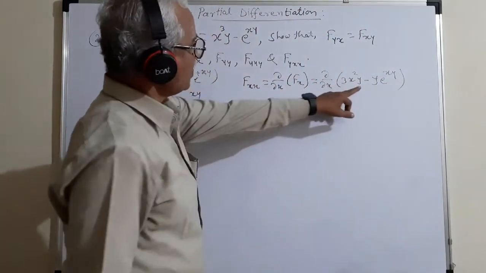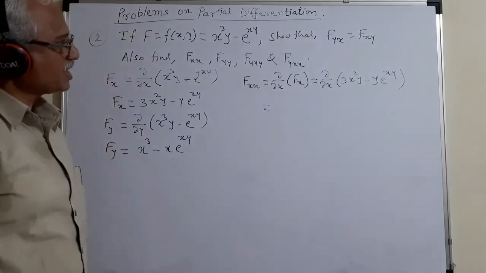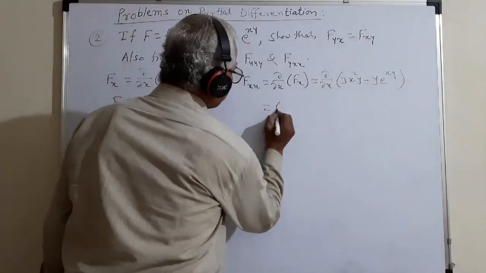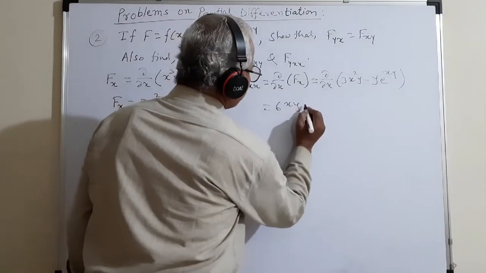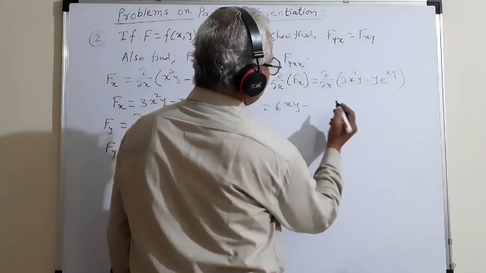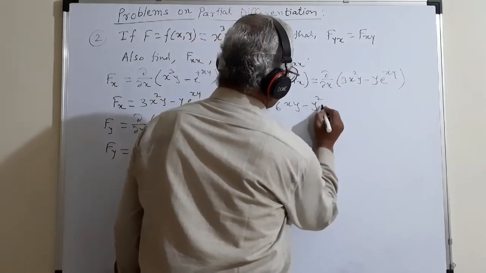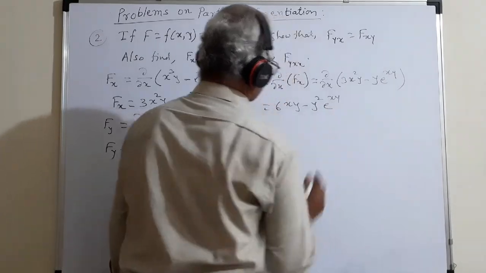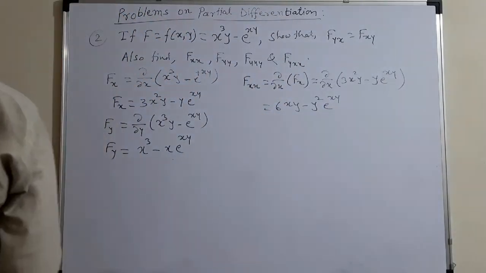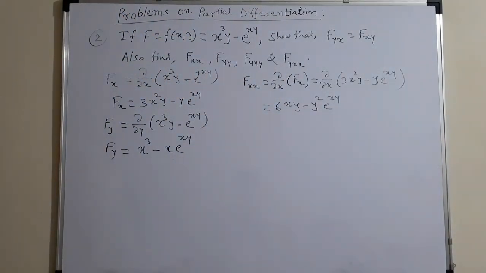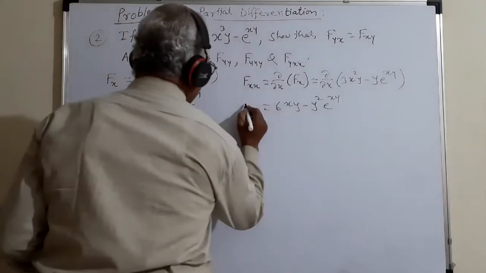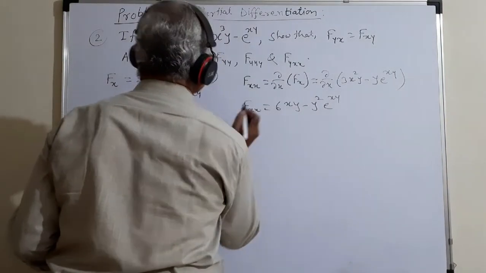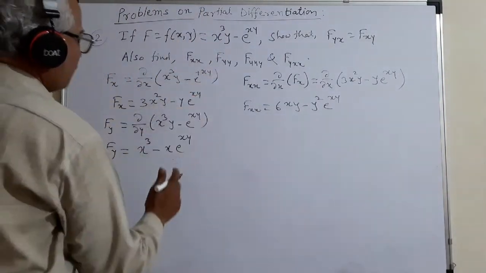Differentiating this bracket partially with respect to x, we get 6xy minus y square e raised to xy. So this is the expression for fxx.